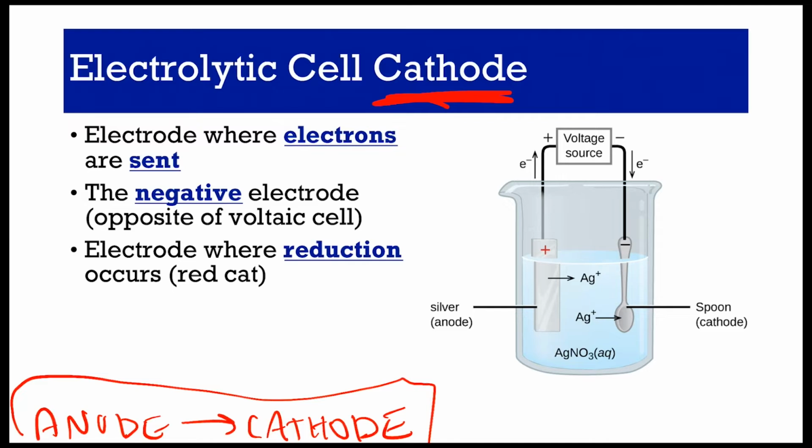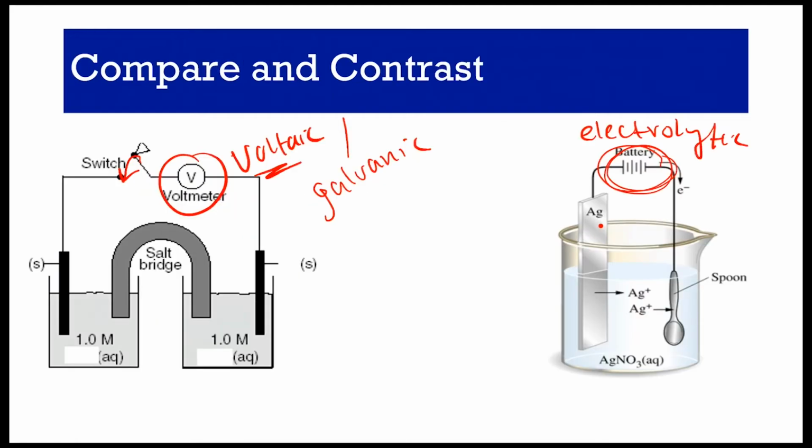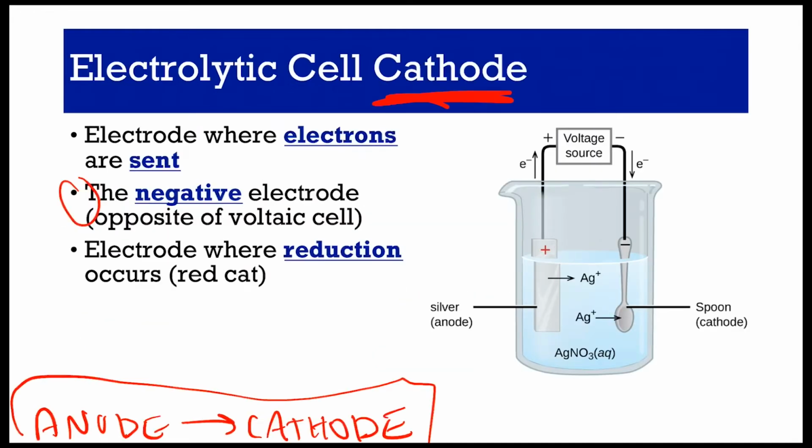So where it's different is that the negative electrode is the cathode. So in a voltaic cell, what we spent the past 2 days on, the cathode is positive. And so it means the anode will be negative, and that makes sense because if you're negative, you have more electrons.